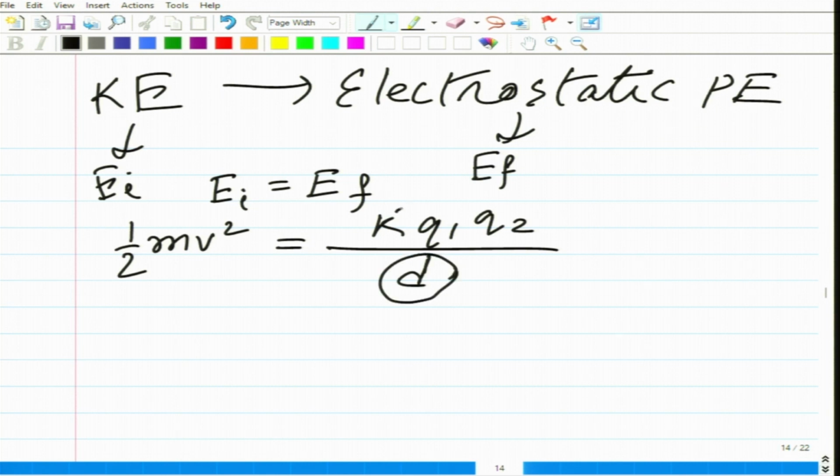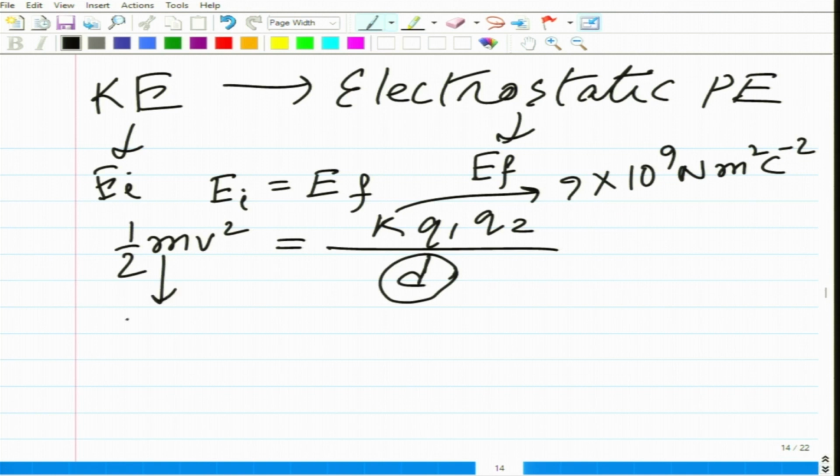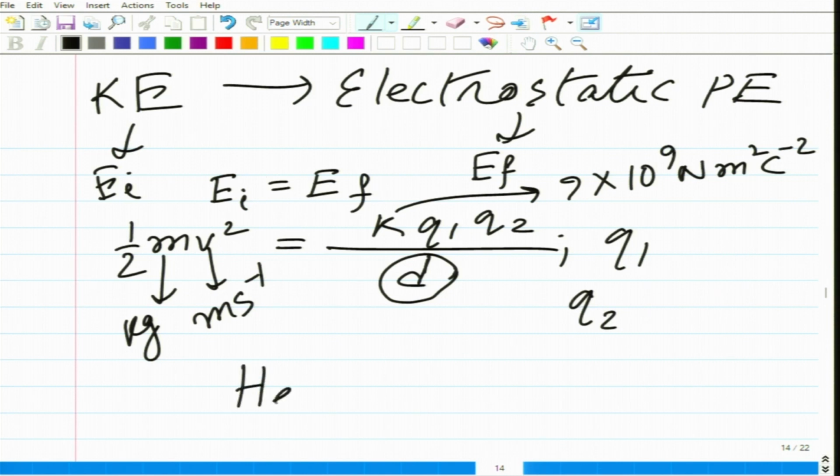So, what is k? K is a constant with a value of 9 into 10 to the power 9 newton meter square per coulomb square. The mass is in kg and velocity is in meter per second, and we know the values of q1 and q2. If q1 is the alpha particle, what is the alpha particle? Alpha particle is helium with a charge of plus 2.